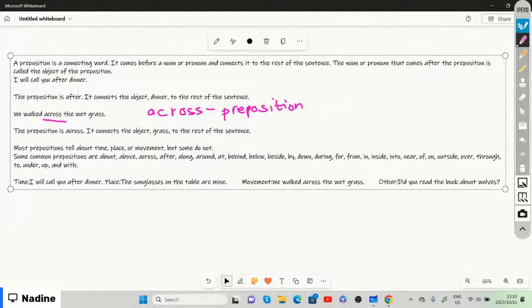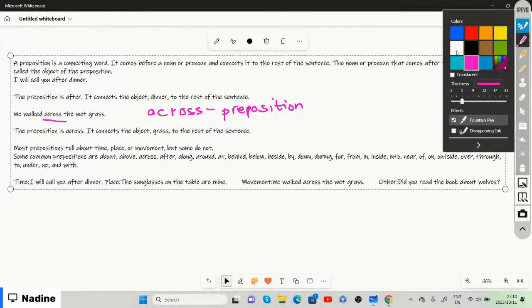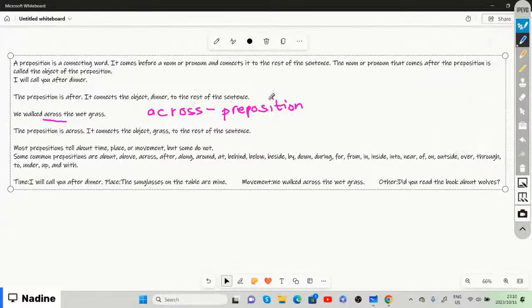And then it connects the object, which is grass, to the rest of the sentence. So grass is our object. It is the object of preposition, or our noun. The word wet is just describing it, or telling us about the noun.